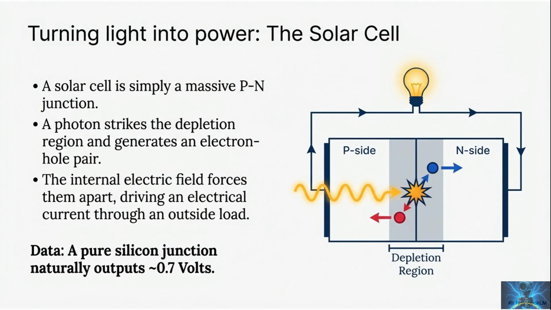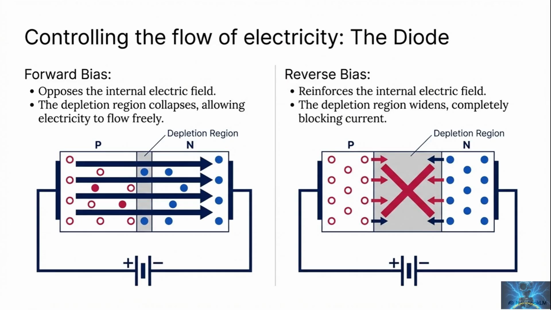That separation forces current through an external circuit and into a load, like the light bulb shown. A silicon junction naturally produces around 0.7 volts in this simplified model. Real solar panels connect many cells in series to build a useful output voltage, controlling the flow of electricity.